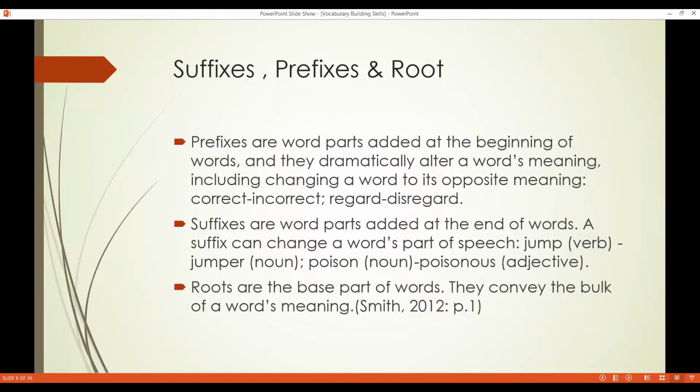That little suffix is changing the whole meaning of the word. And then poison, a noun, can be changed into poisonous, which makes it an adjective. Roots are the base part of words. They convey the bulk of the word's meaning.